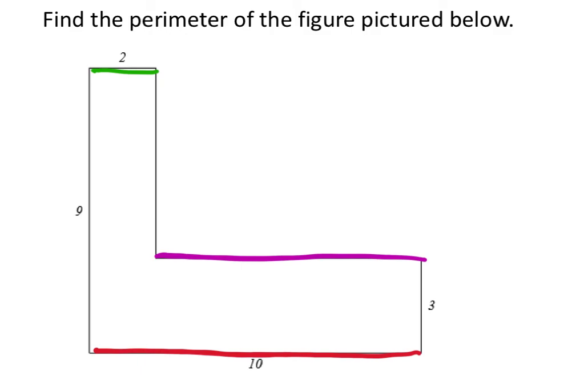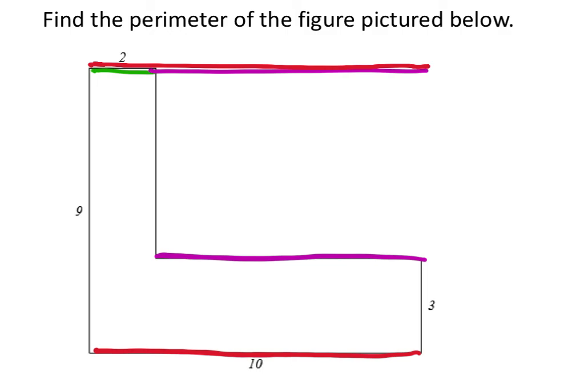Like if I took that purple length and moved it up here, we should be able to see that it actually matches the red line right here, okay? So the red line really is the purple and green line put together.